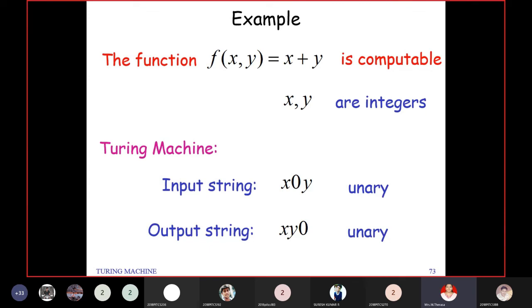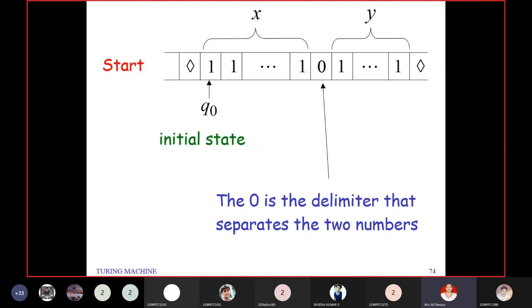For that, the input string is x0y. Since you have used ones to represent the numbers, the inputs x and y, you can use 0 as a separator of x and y. And the output may be x followed by y, with the separator 0 at the end. How can we do it?